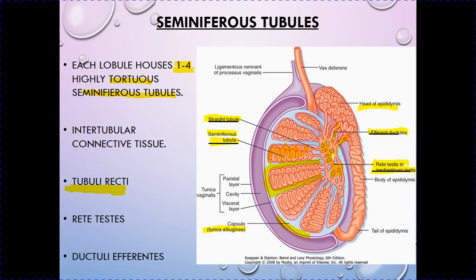From the rete testes, 10 to 20 spirally wound efferent ductules leave and enter the head of the epididymis. The seminiferous tubules are supported by the intertubular connective tissue. So this is the channel of ducts present in the testes.